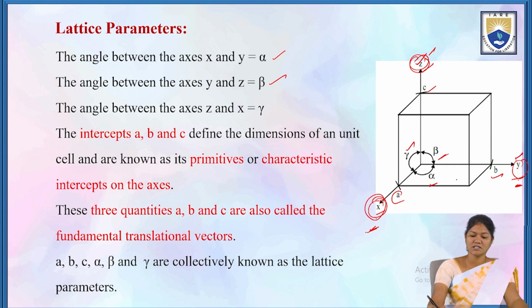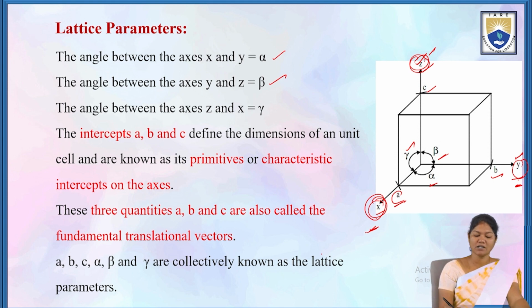These A, B, C are called primitives, or else we can call them characteristic intercepts on the axes.